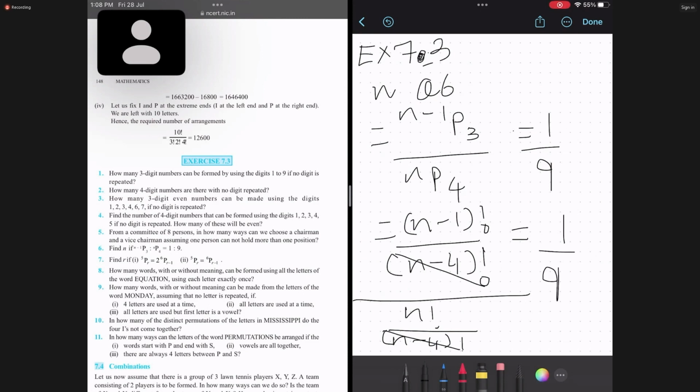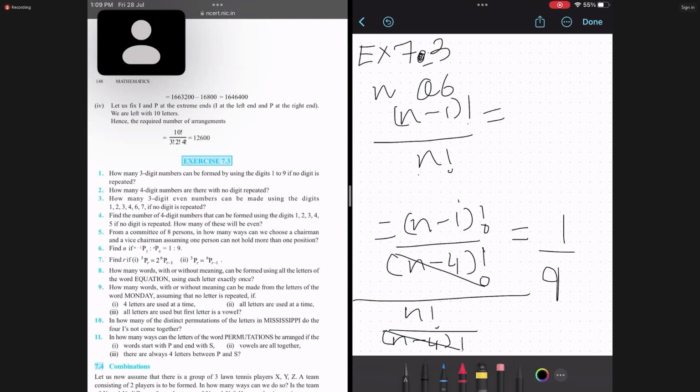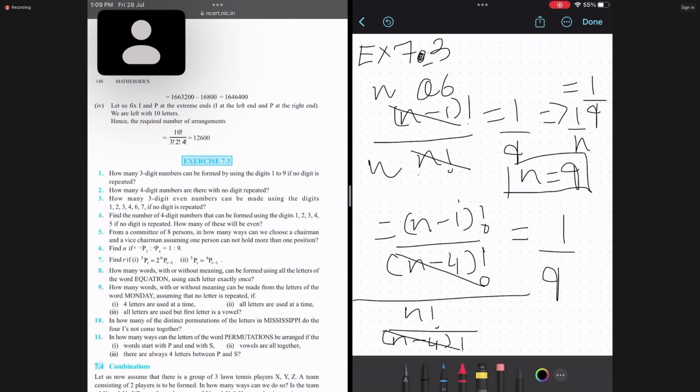Solving this further, I have n minus 1 factorial upon n factorial equal to 1 over 9. This gets cancelled. What is left is n. So 1 over n equals 1 over 9. Cross multiplying, we have n equal to 9. Right, and that is our answer.